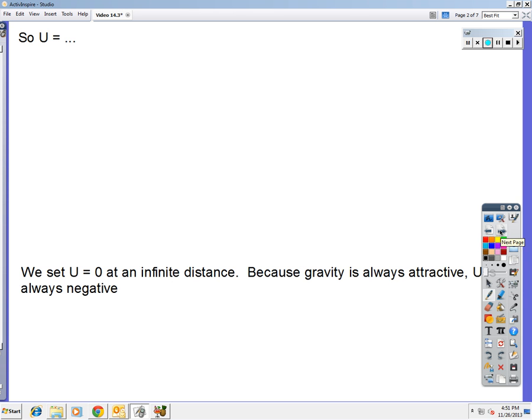And that means that delta U equals the final energy minus the initial energy, and that equals the negative of the work done. Now U_f, that's the energy at point r, minus 0, because we defined energy to be 0 at infinity, equals the negative of that work done.